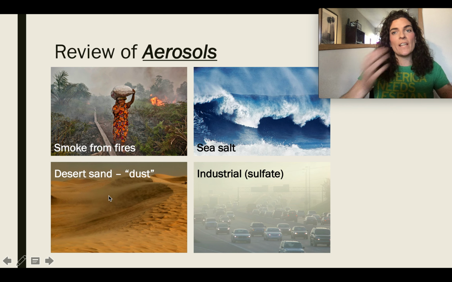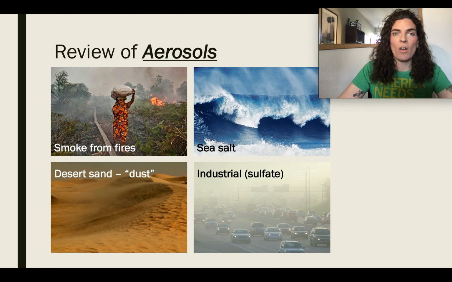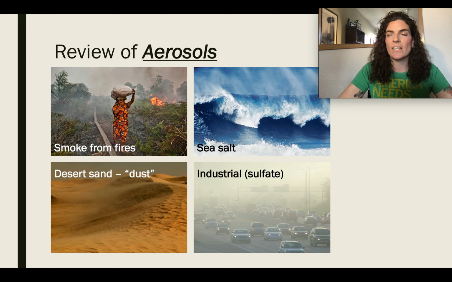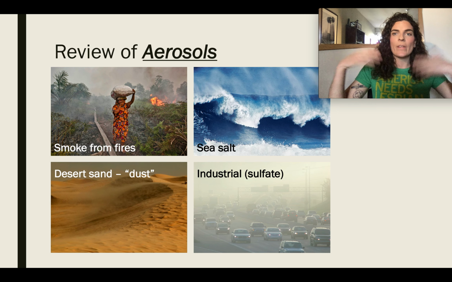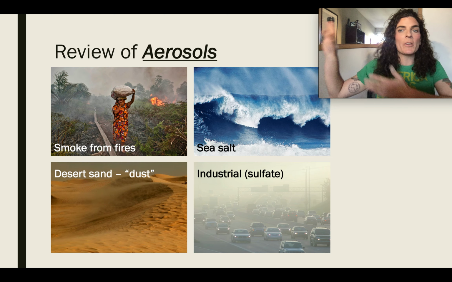We also have, over the deserts and other drier areas where there's a lot of sand, desert sand, which we in the climate community call dust. Dust is an important aerosol as well. We see it in the satellites. There's a lot of dust orbiting the Earth at all times, being suspended and activated from winds blowing over deserts.